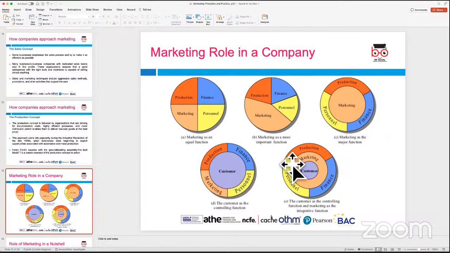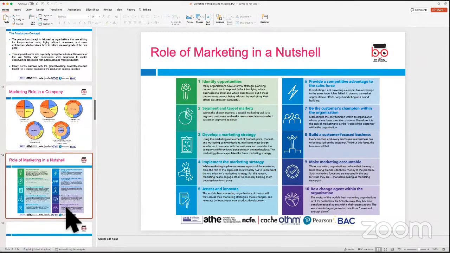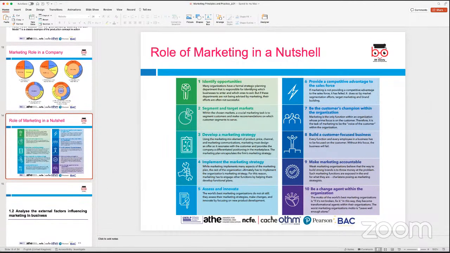So as you can see, I've shown different companies in which marketing is perceived as a function, and why it is very important in some companies is because it drives the whole communication process in order to attract customers to buy the products and services of the company. Now, in general, this is the role of marketing, or a set of activities which a company does in a nutshell.